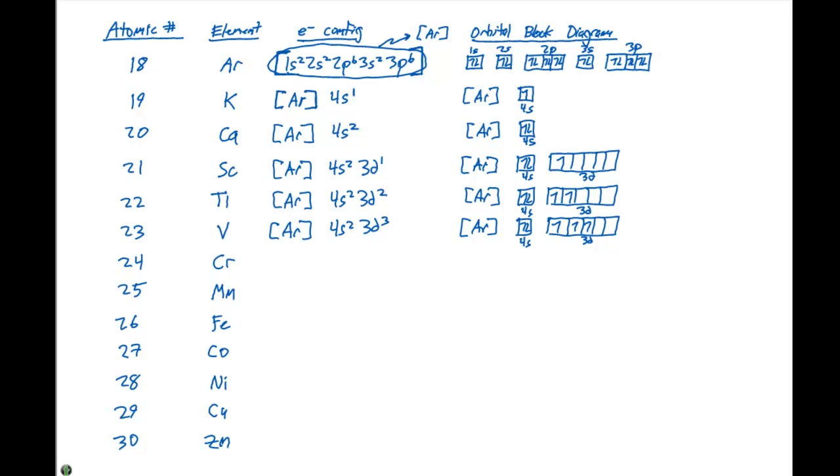Chromium, we would predict, based on all of these rules, to have an electron configuration of argon 4s2 3d4.